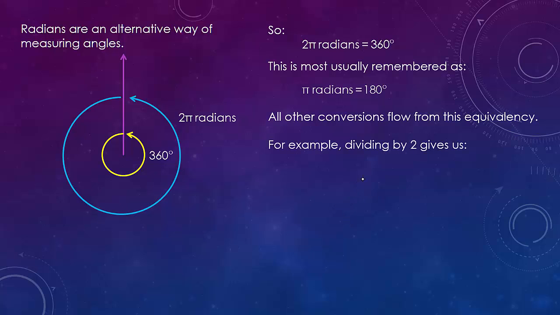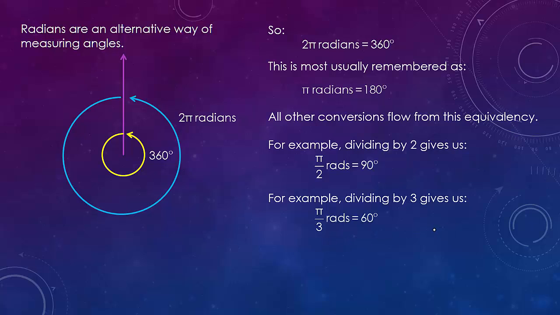For example, dividing by 2 gives us that pi by 2 radians is the same as 90 degrees. Dividing by 3 gives us pi by 3 radians is the same as 60 degrees.